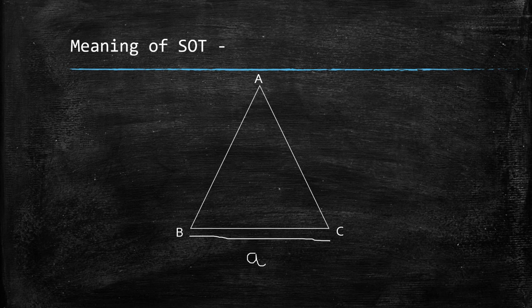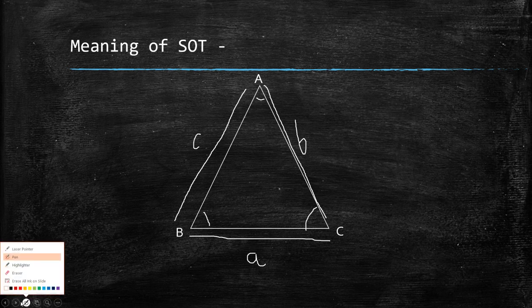The side opposite to B we call small b, and the side opposite to vertex C we denote by small c. This is my angle A, this is my angle B, and this is my angle C. This is the meaning of the abbreviations of the sides and the angles.